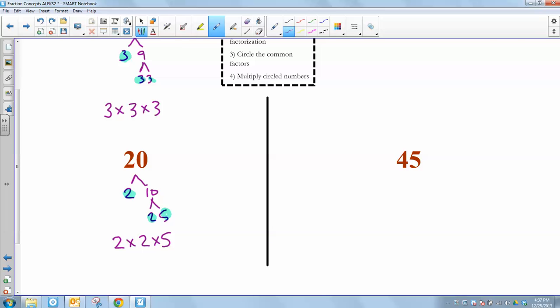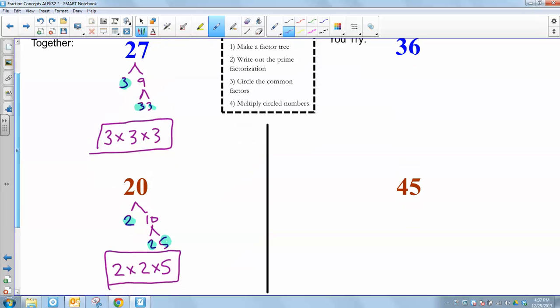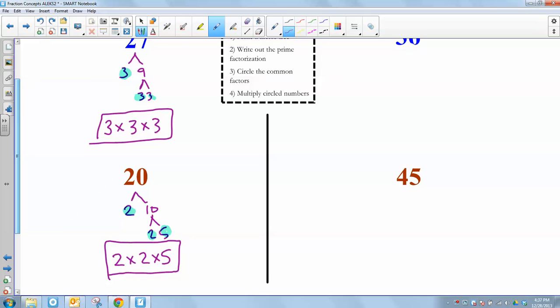Now I'm looking to find, in my prime factorization, what numbers do I have in common.